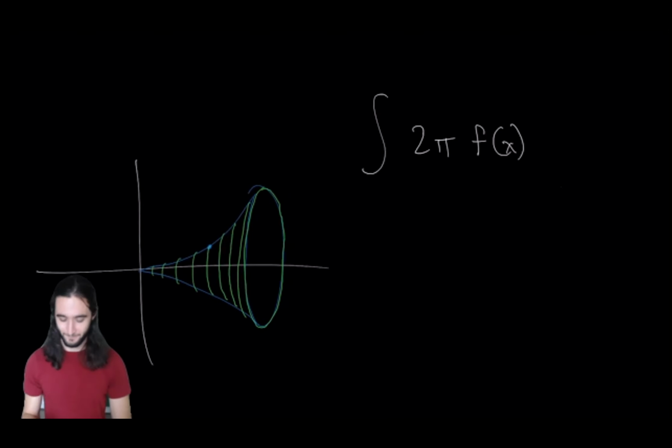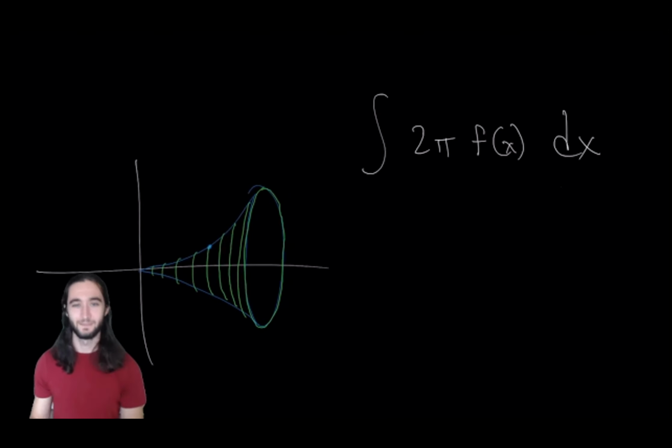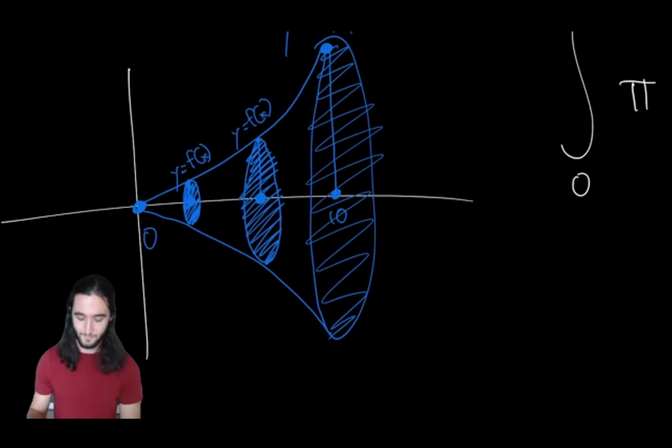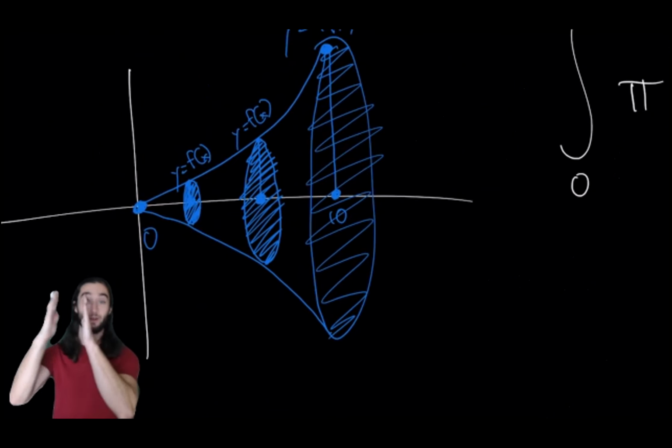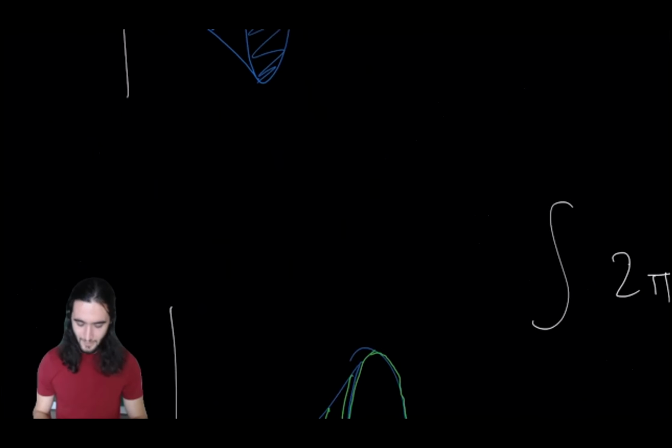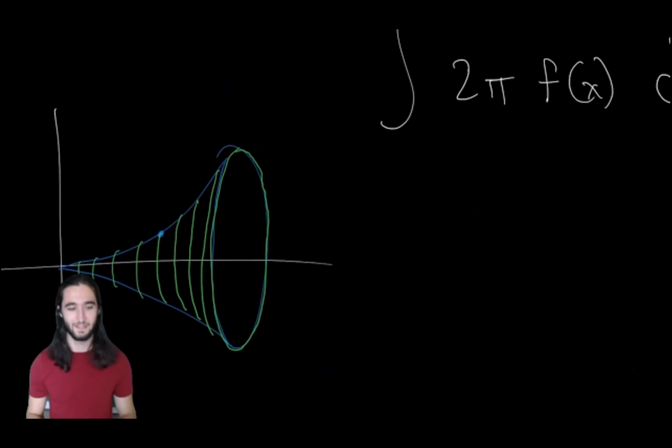But here's the thing. It's not dx, because with dx, all of these circles are being stacked directly on top of each other. All of the centers of these disks were stacked in a straight line. But now that we're looking at a one-dimensional thing, it's kind of different.